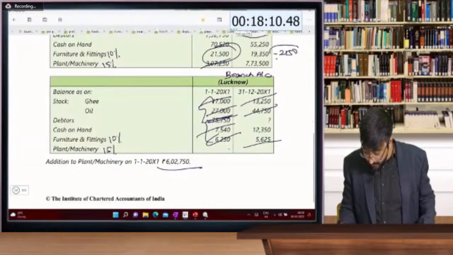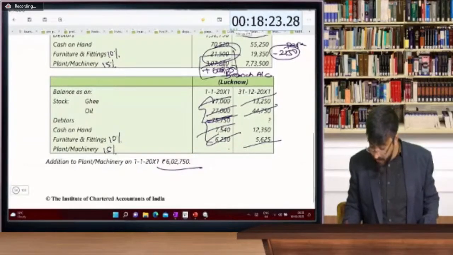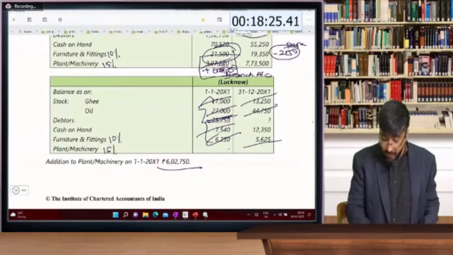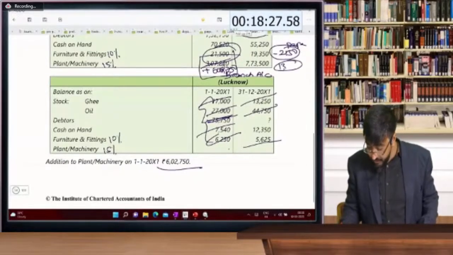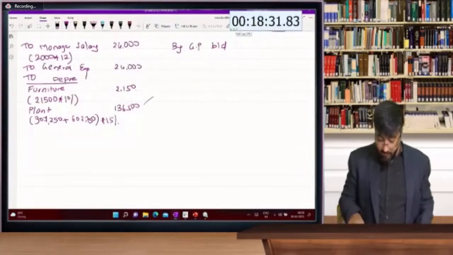Minus 2,150 depreciation. Here addition is 602,750. So 307,250 plus 602,750, so this is a total, minus 773,500 closing. You are getting depreciation 136,500. It's a cross tally. 136,500 and 2,150.